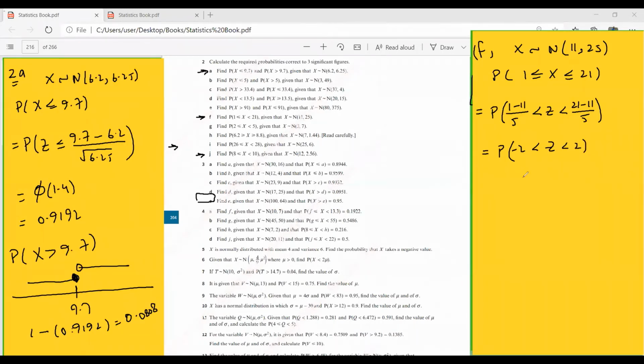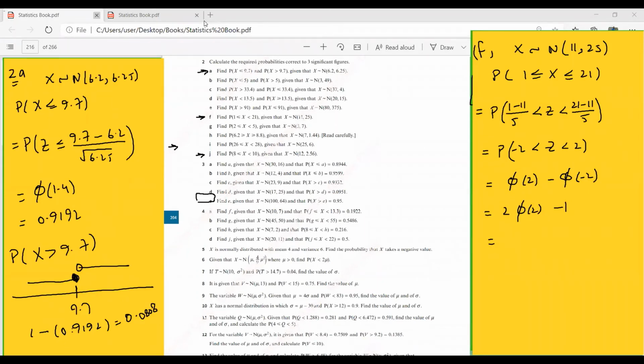It's exactly a situation where you have between minus A and A. If you want to do the whole steps, you can write phi of 2 minus phi of minus 2, which gives you 2 phi of 2 minus 1. Let's see what phi of 2 is from the table.